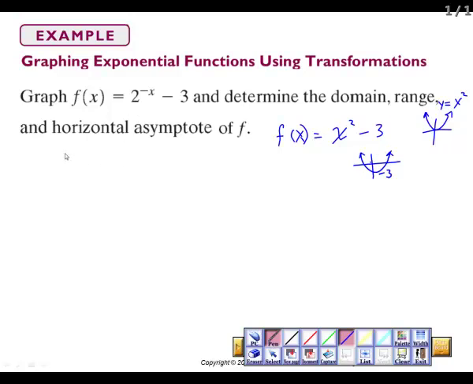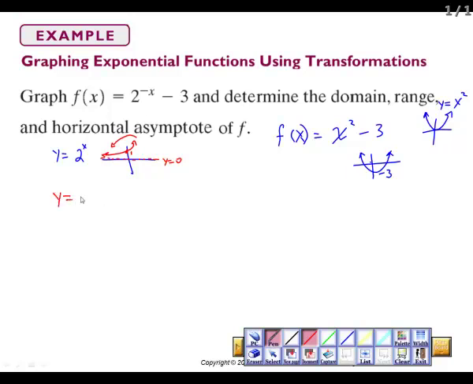So here, you start with the parent graph of y equals 2 to the x power, and basically you've got that horizontal asymptote at y equals 0, and it goes through (0, 1). Well, because this is negative, it's going to cause the graph to flip about the y-axis.